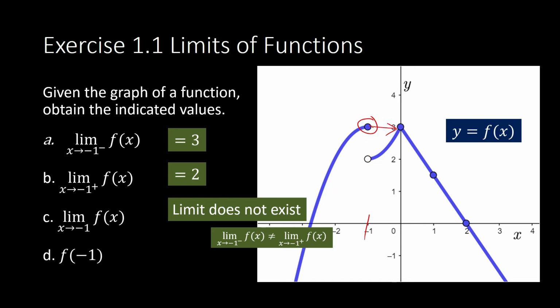So I hope that you know the meaning of these two circles. One is a closed circle or a closed dot. And this one is an open circle or an open dot. So when it is open, that means it is not part of the graph of your function. When it is closed, that dot or that point is part of the graph of your function.